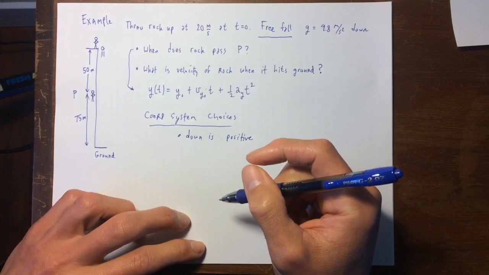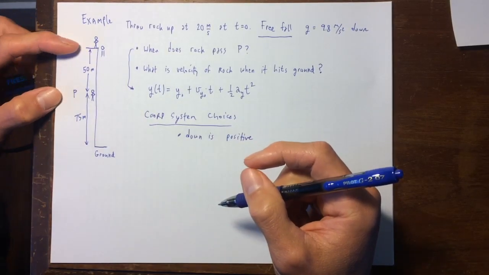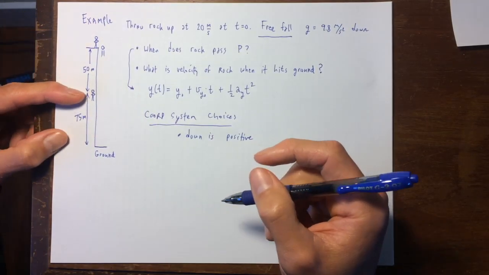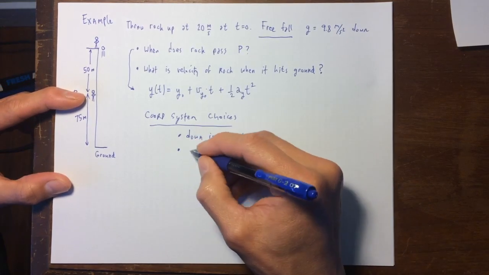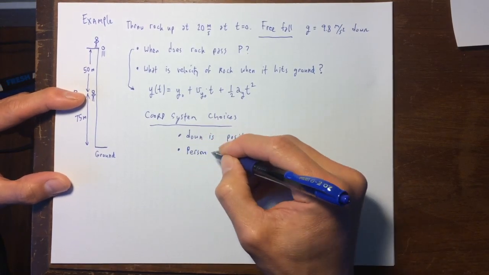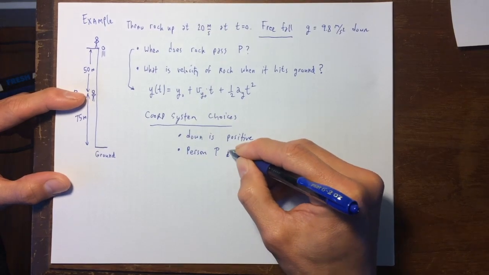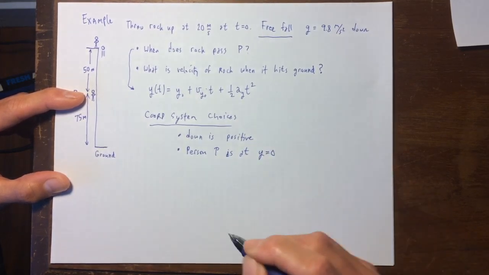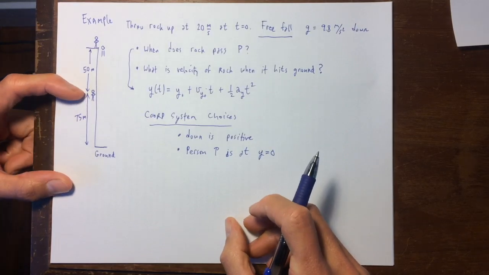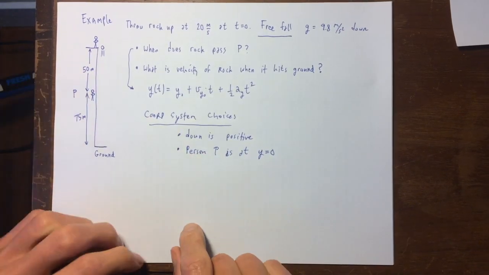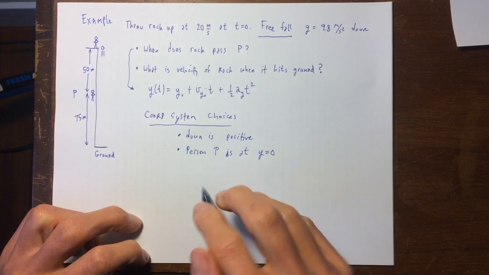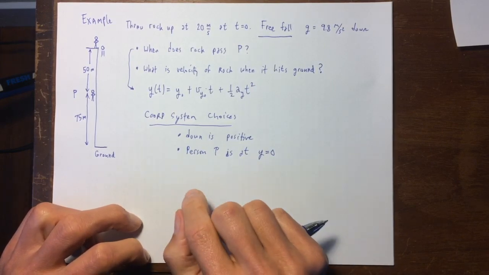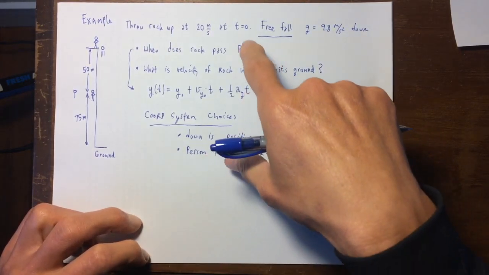And before I put y equals 0 at the top of the cliff, I'm going to put y equals 0 at the person P. So person P is at y equals 0. And then also, you remember I did describe that we needed to choose when t equals 0.